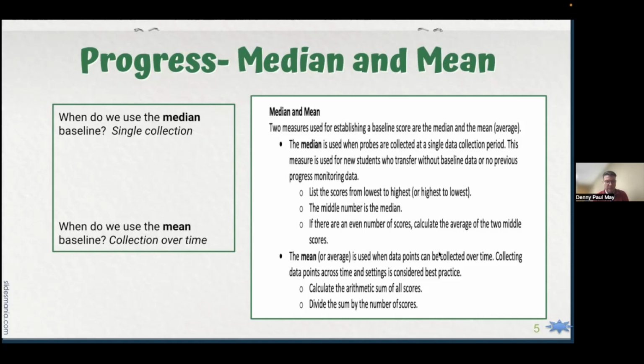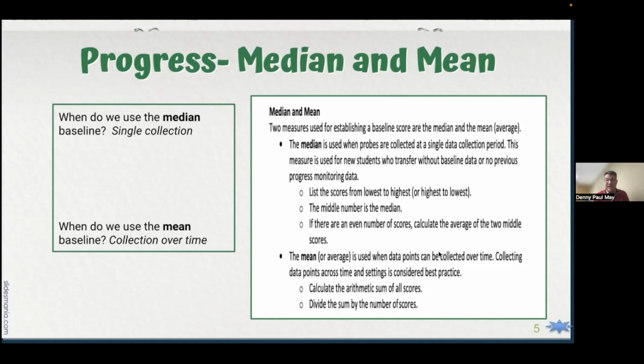So if you had scores of, let's say, 38, 38, 34, 36, and 32, you've got a pretty good set of scores there as far as the kid being in that particular area. So you could take the middle score of those 5 scores, and that 36 would then be your baseline.